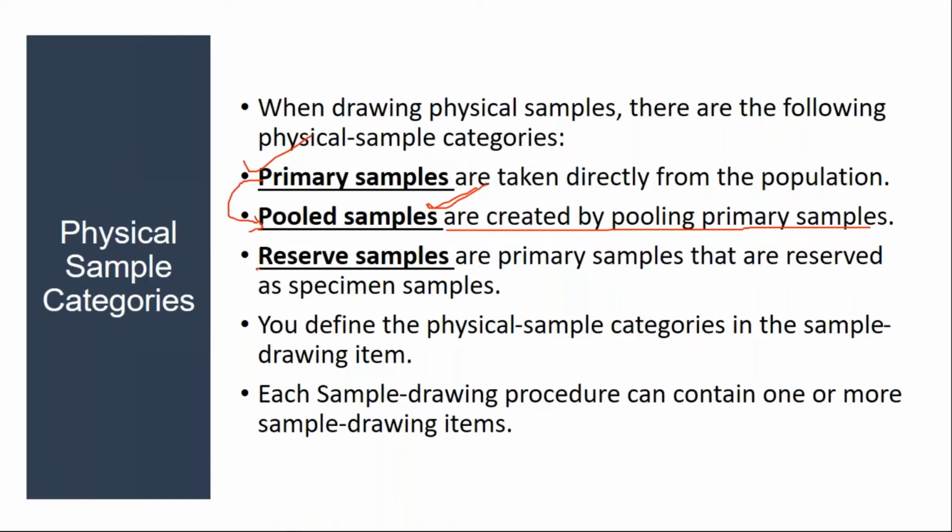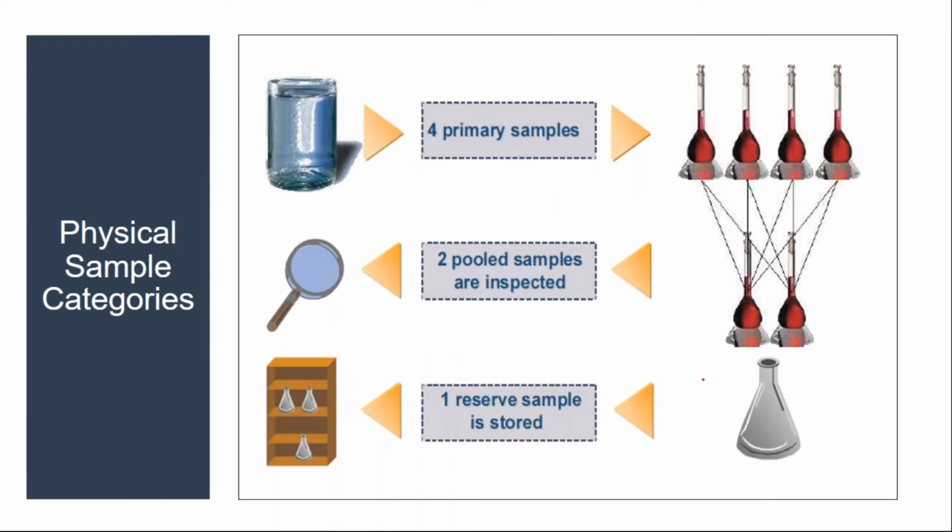Now the next one is the reserve sample. Reserve samples are primary samples that are reserved as specimen samples. They are just stored. In some industries they call it control samples, in some industries storage samples. It depends. Whether you call it reserve sample, control sample, or storage sample, all are the same.